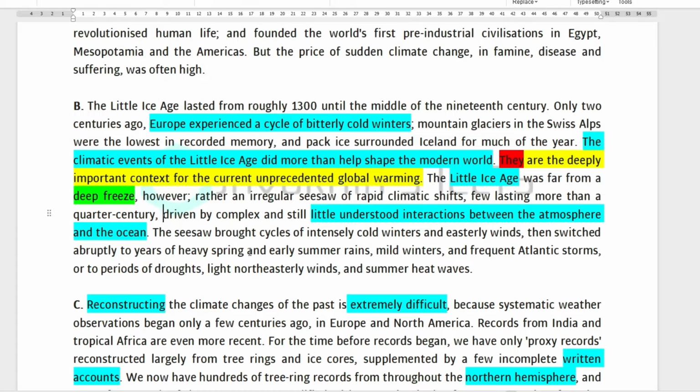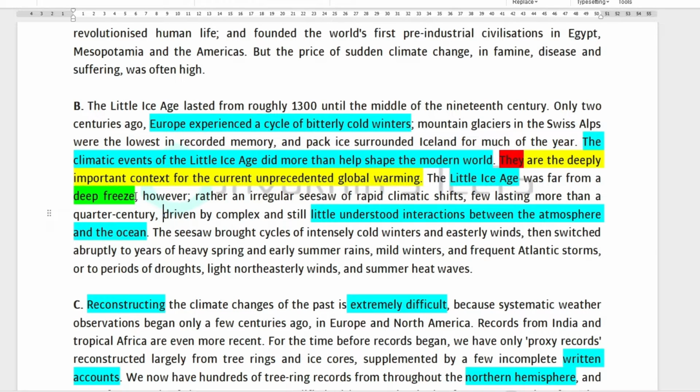So the Little Ice Age. Okay, not really. The Little Ice Age was far from a deep freeze.